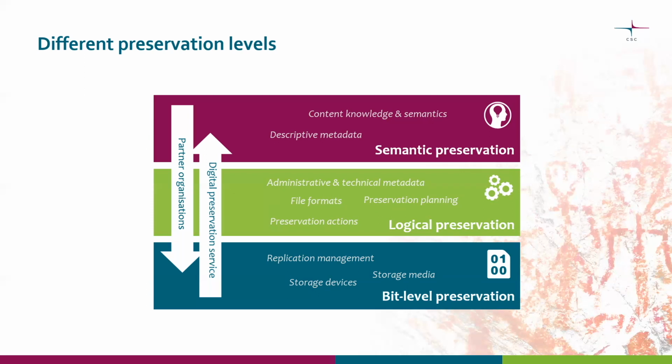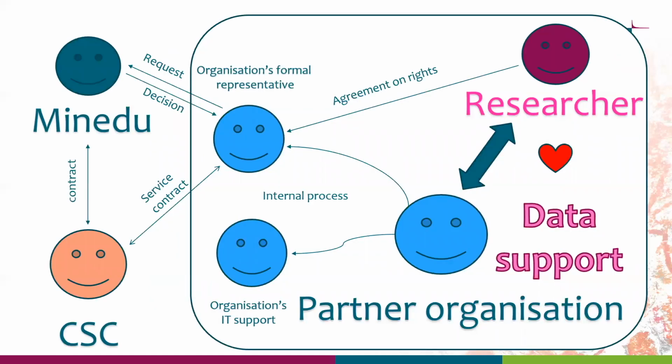Digital preservation requires knowledge about technology and the actual content, and therefore it is a challenge that requires close collaboration between stakeholders. When an organization wants to start using the digital preservation service, the organization representative, who is the contract contact person, proposes a dataset to be preserved by sending a request to the Ministry of Education and Culture.